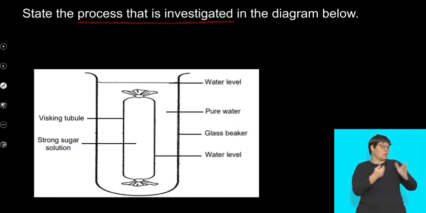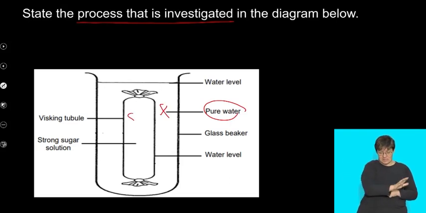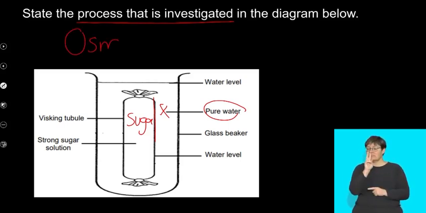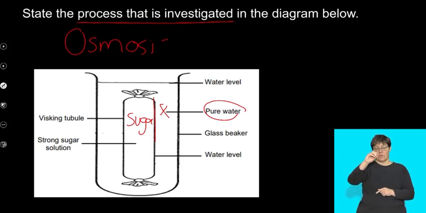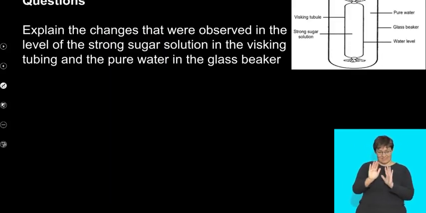Now, let's have a look. I had water on the outside. I had sugar on the inside. And in between the two of them, I had a semi-permeable membrane. So obviously the process that I was going to look at was osmosis. Okay, there we go. I had water, I had sugar, and I had this membrane in between them.